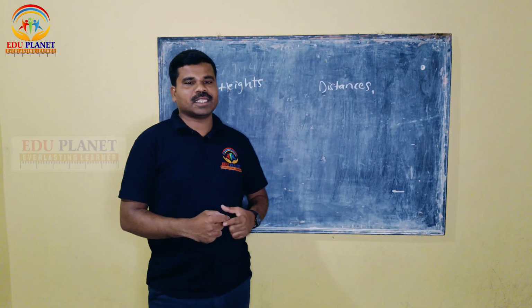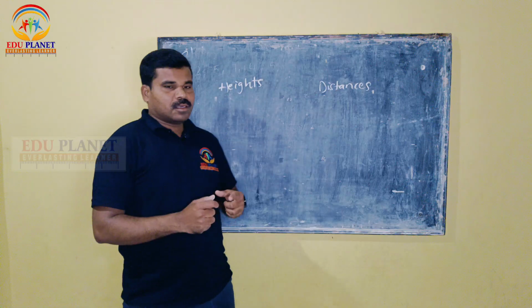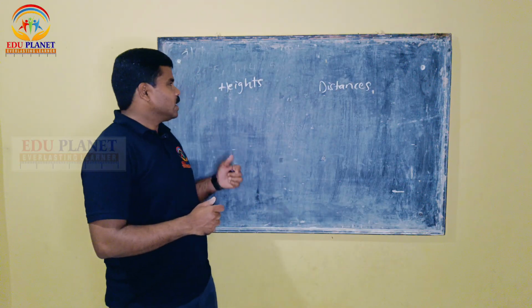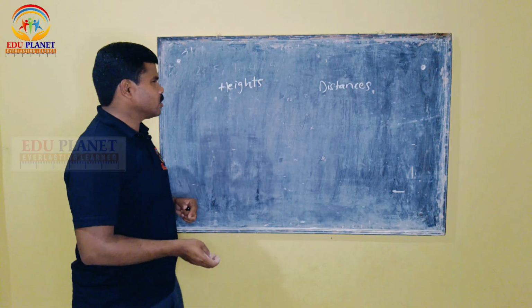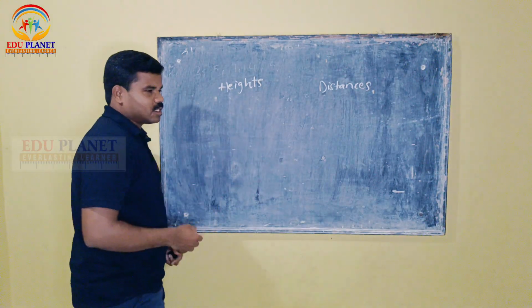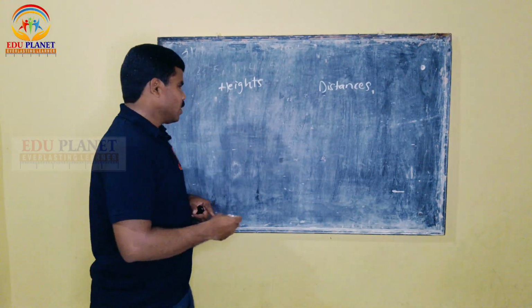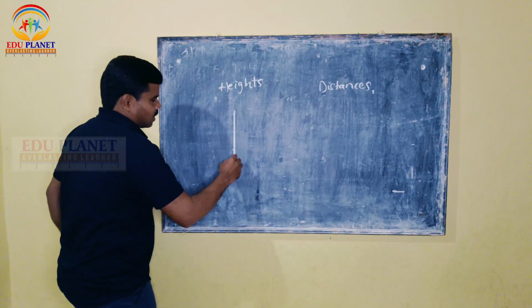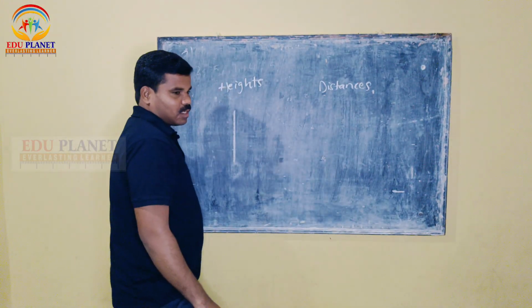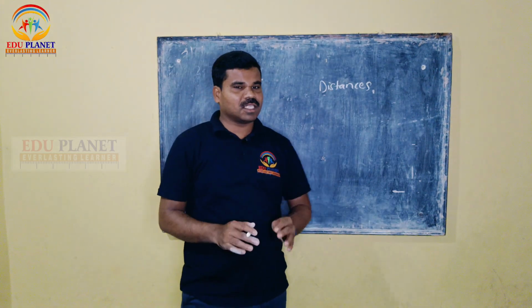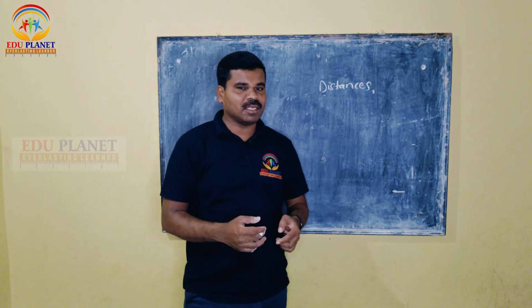Most trigonometry related problems are about finding heights and distances. Already we know heights represent the vertical direction. Next, distances. Just think of a real life example.